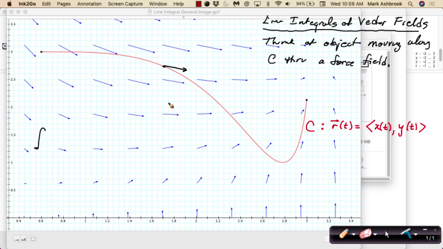If we're doing a line integral of this vector field and we're thinking of this force field, with an object moving through, what we're really saying is how much work. This is a force at some particular point, say x1, y1.